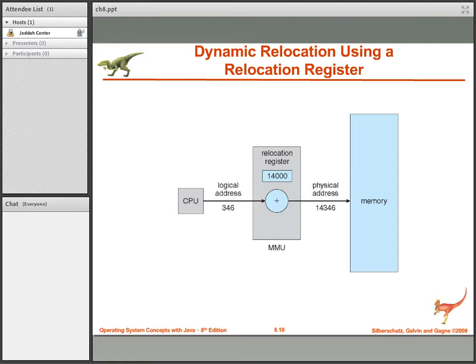So the 14000 is added to the 346 to produce 14346, which is the actual physical address that exists in the main memory. And as I said, this happens through the memory management unit.